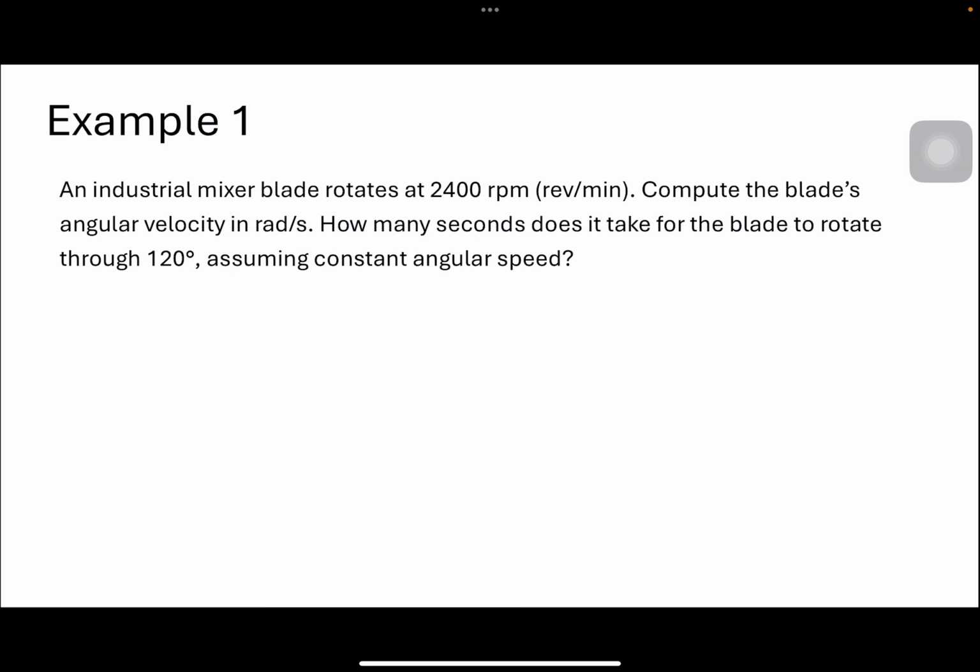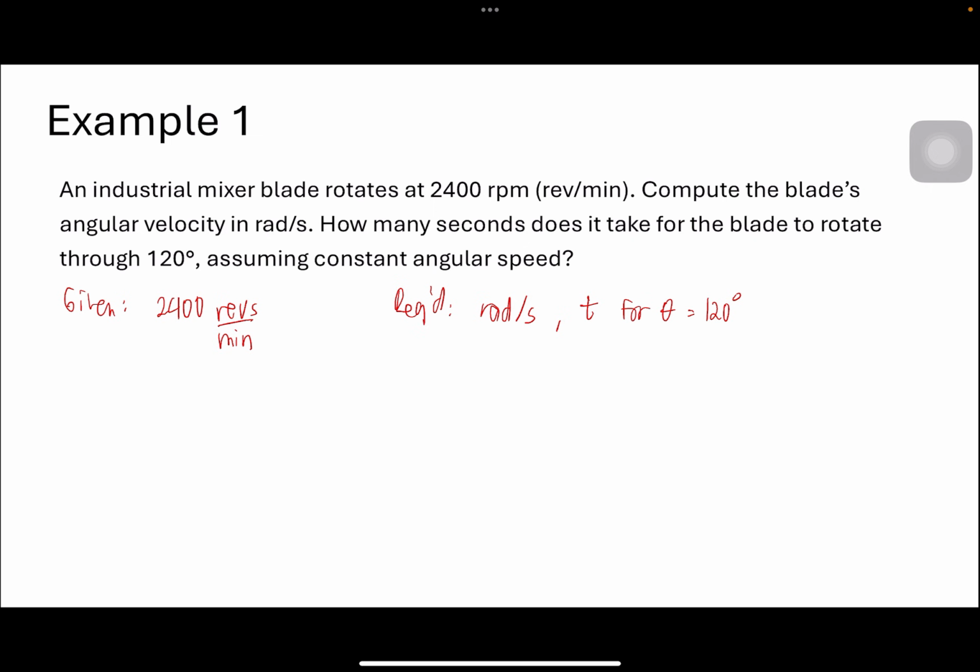So you were given 2,400 revs per minute. And you were asked for the angular velocity in radians per second, and then the time for theta to become 120 degrees.